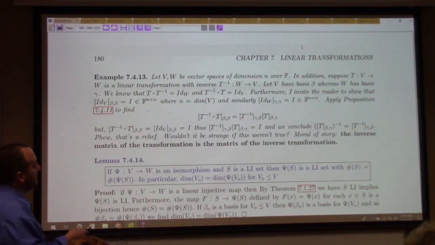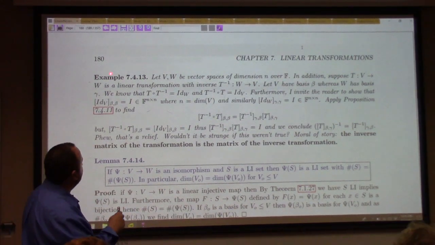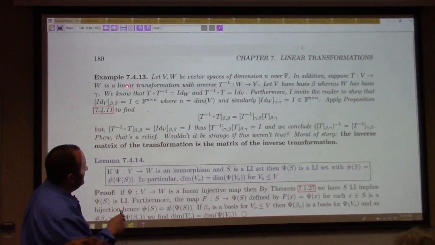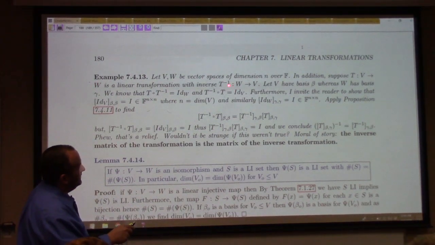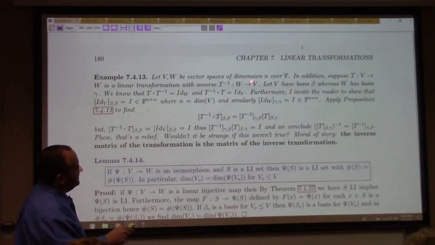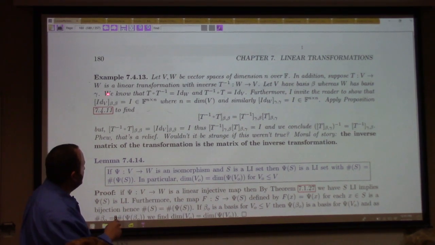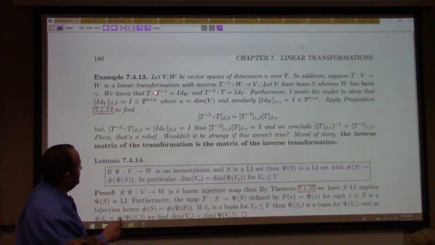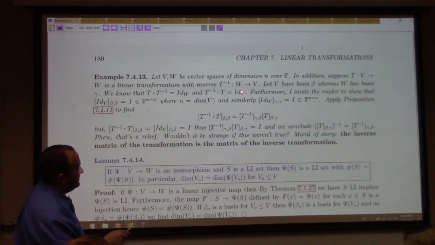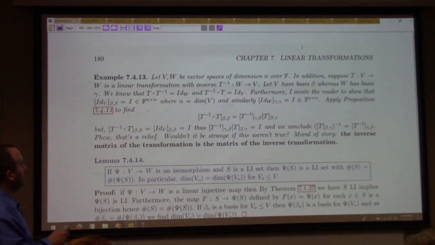So if I have a linear transformation T from a vector space V to W, and it has an inverse going from W to V, and I let beta be the basis for V and gamma be the basis for W, you know that we have T composed with T inverse as the identity on W, and T inverse composed with T as the identity on V. And so you can check that the matrix of the identity transformation is the identity matrix.